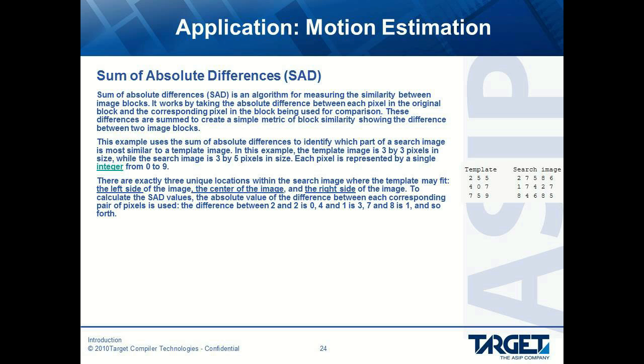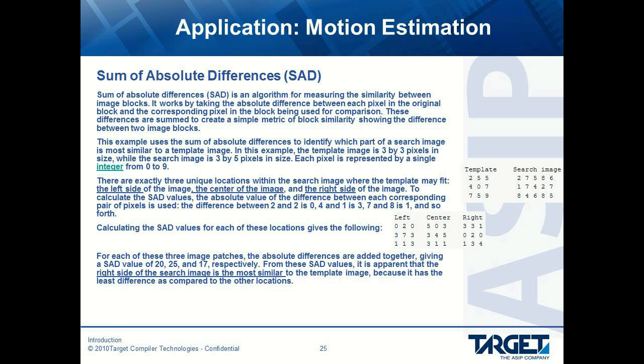To calculate the SAD values, the absolute value of the difference between each corresponding pair of pixels is used. The difference between 2 and 2 is 0, 4 and 1 is 3, 7 and 8 is 1, and so forth. Calculating the SAD values for each of the locations is shown on the right.